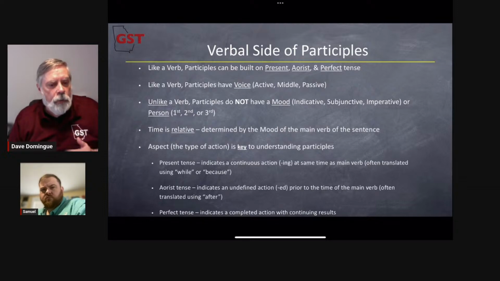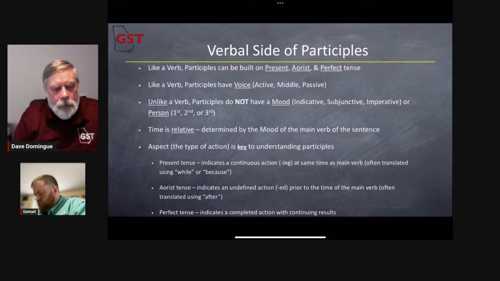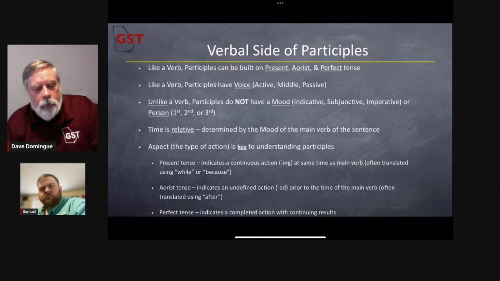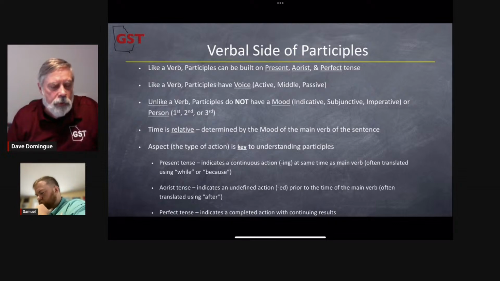So time is relative to the main verb, and the present tense of the participle helps define when it's relative to the main verb. In the aorist tense of the participle, it's relative to an undefined action, but the time is after the action of the main verb.